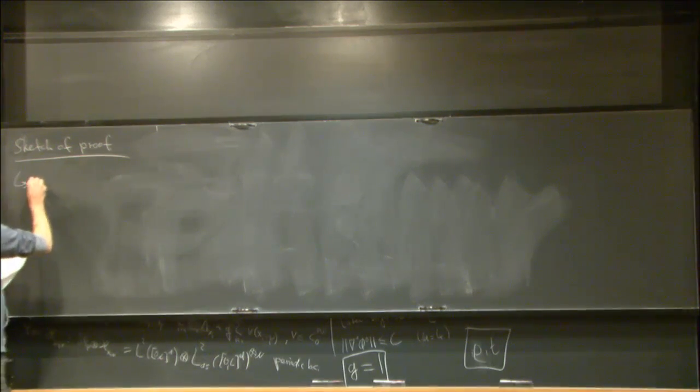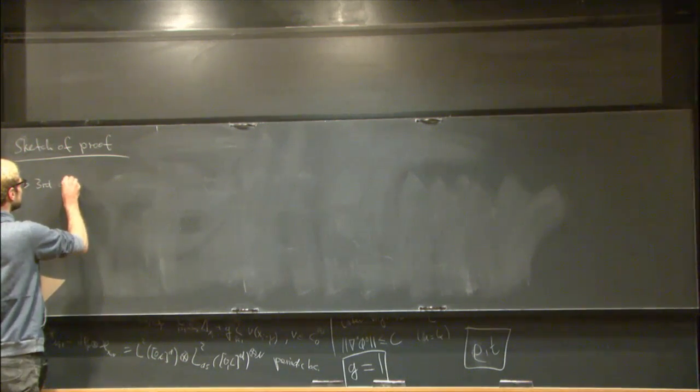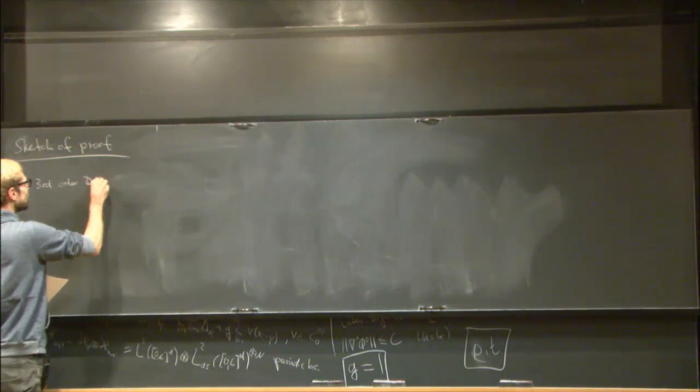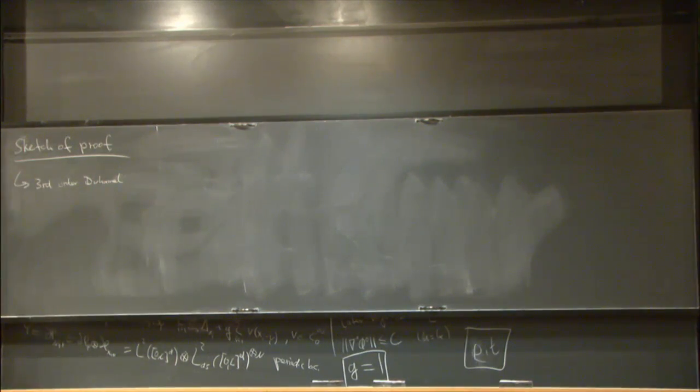Of course, we make a Duhamel expansion. There's no other technique. That's the most obvious technique. And we have to do it up to third order for certain types of transitions to get this result.